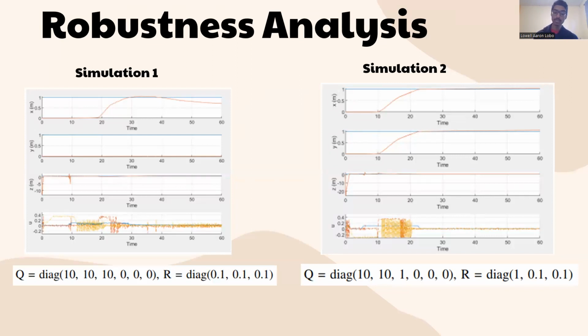Looking at the second simulation, the results actually look pretty good, but again the Z value just shoots up to 1 instead of slow incremental growth. Here, we have given stronger weights on the X value and the Y value. Because of this, compared to the first simulation, the X and Y values actually stay on their reference point.